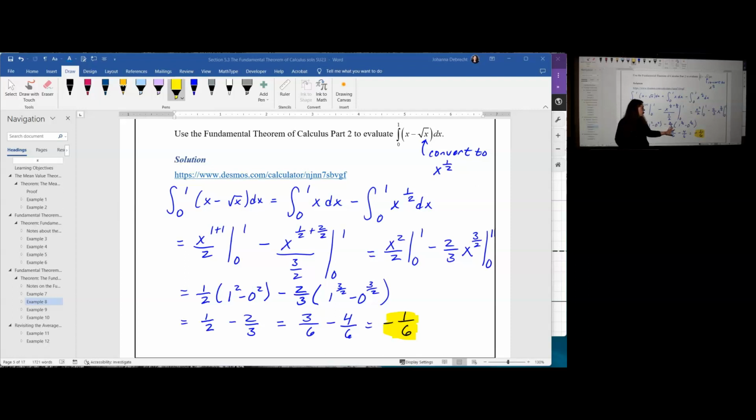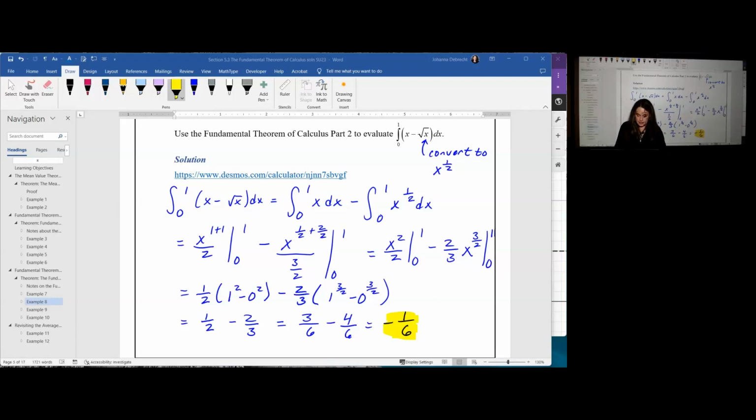In the next one, I factored off the -2/3, and then I took 1 to the 3/2 minus 0 to the 3/2, which again is 1, giving me -2/3 and a final answer for the area under this curve, or rather between the curve and the x-axis, from 0 to 1 of -1/6 of a square unit.